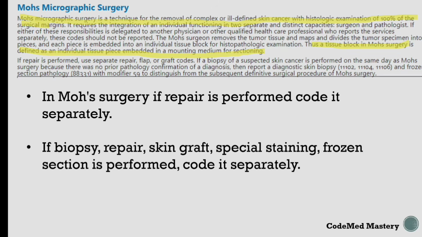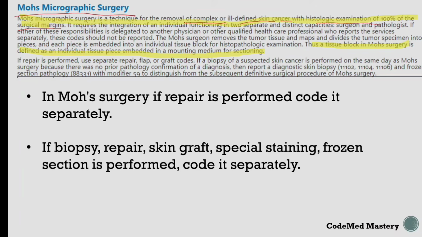Next important topic in your CPT integumentary system is Mohs micrographic surgery. So you have to remember what Mohs micrographic surgery is. It is a technique for removal of complex or ill-defined skin cancer with histologic examination of 100% of the surgical margins. They can ask you the definition in the exam. Obviously, it is multiple choice, but you can come back and refer to the Mohs micrographic surgery guideline in your CPT book.